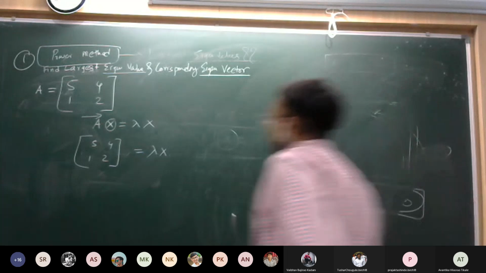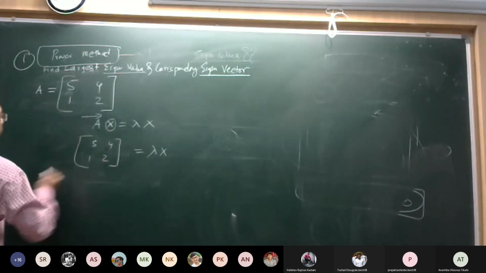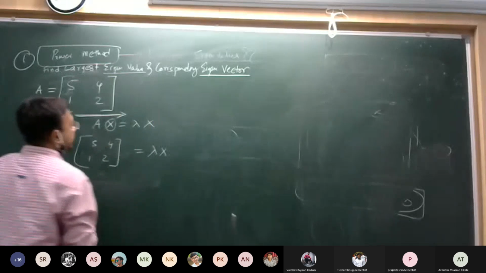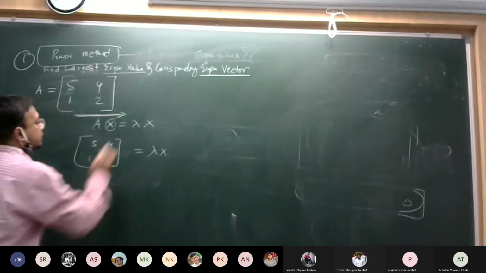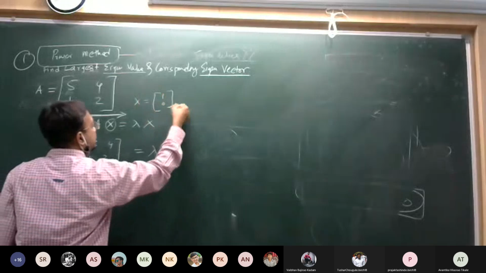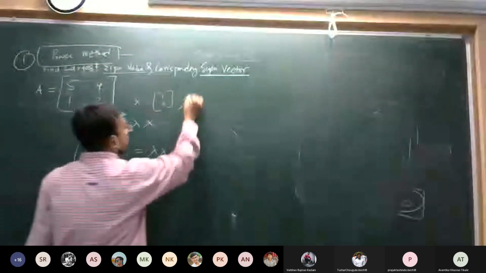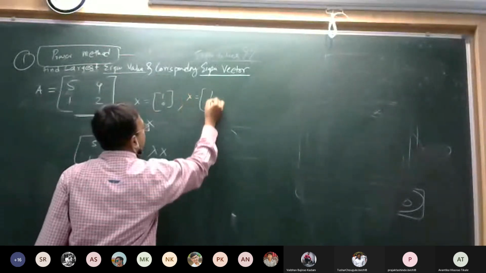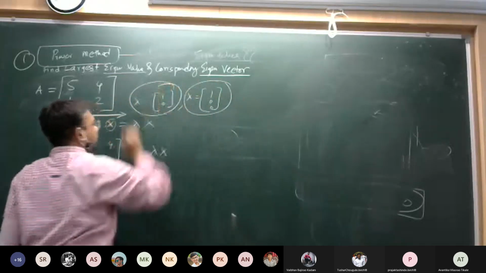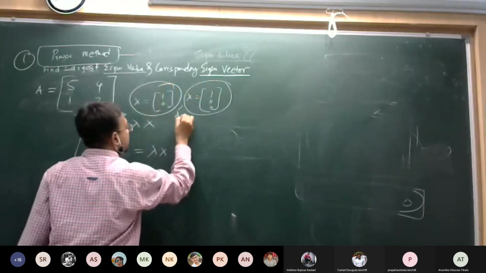We have to assume the corresponding eigenvector x is equal to 1 0. You can consider 0 0 also. If it is a 3 by 3 matrix, we have to assume 1 0 0. This is the eigenvector, and this is the assumption.